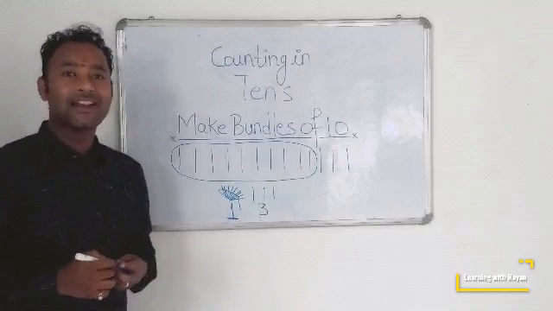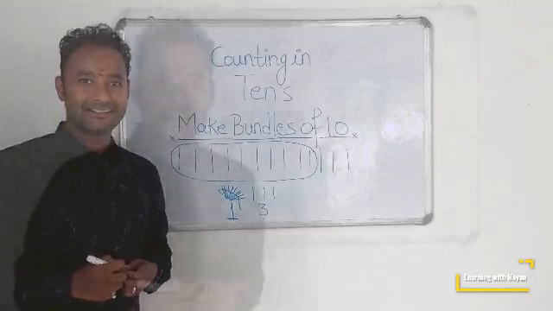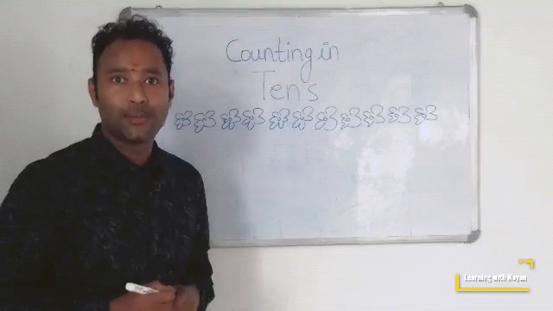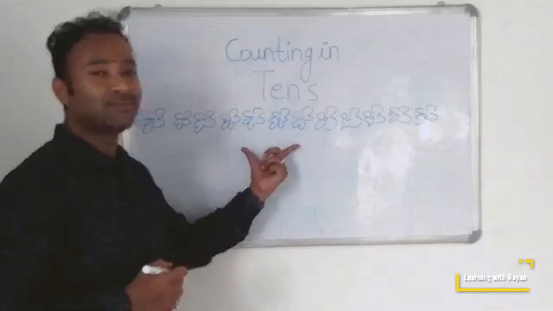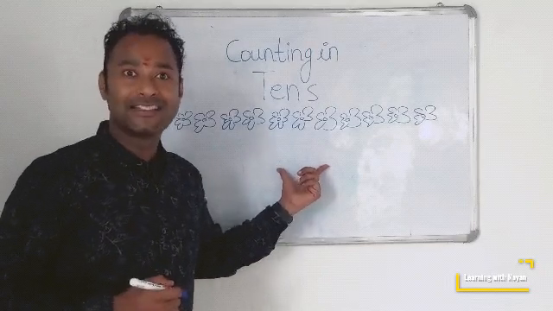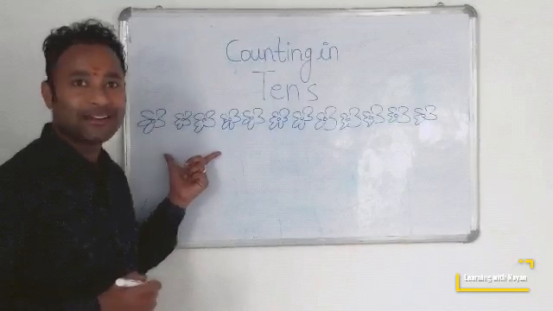Understood students? Now let's come to another part. Students, can you see that there are some flowers drawn on the board? In this part also you have to form a bundle of 10 flowers. So how will you start counting to make the bundle?